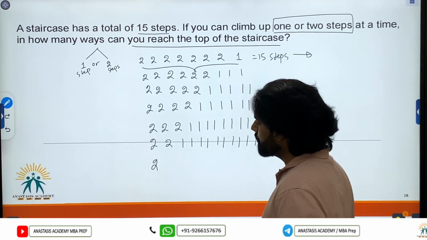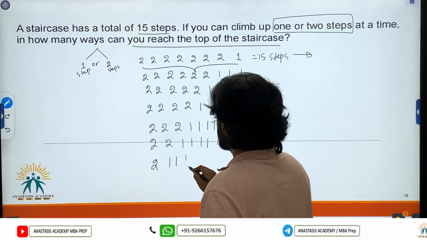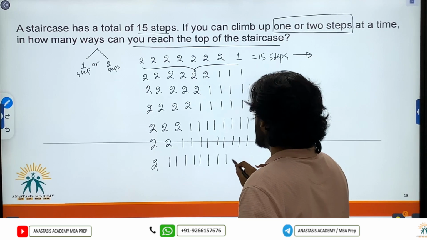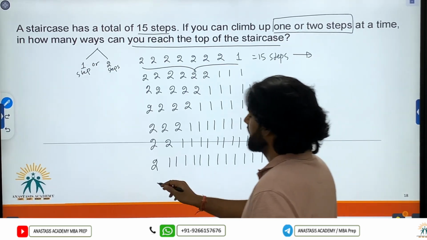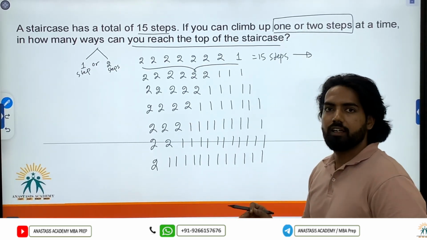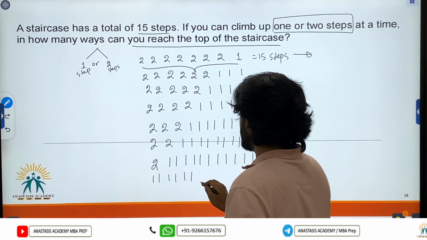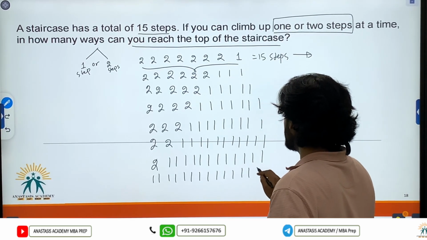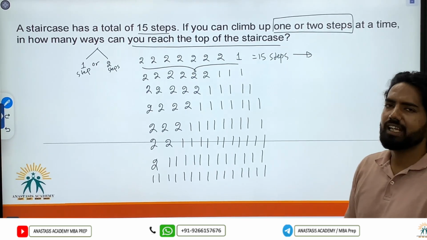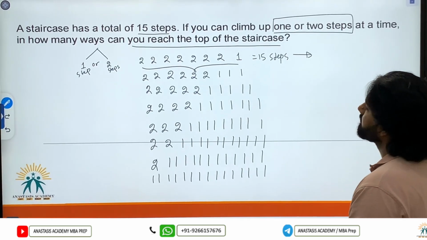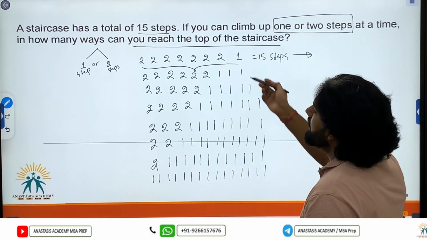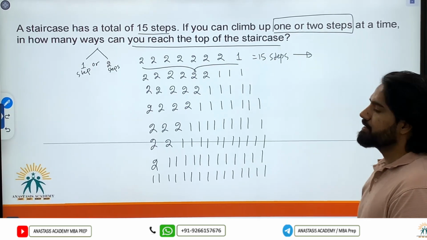I can use 1 two and 13 ones. And I can use all single steps, 15 ones. This is the technical way of doing it, right, that we can take steps in these formats.